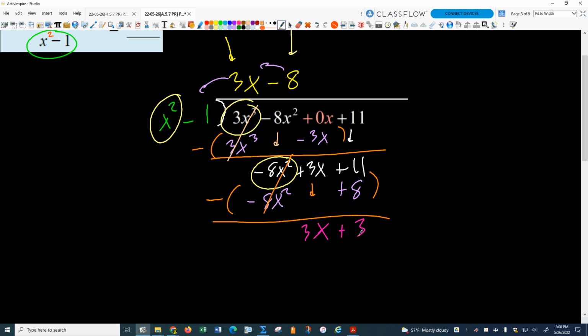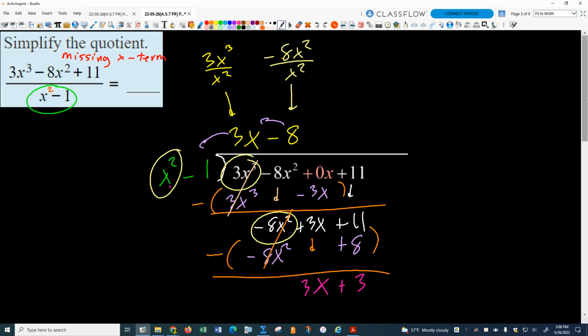Doesn't make any sense, does it? Right? As soon as the power after subtracting is less than the degree of the denominator, I know I'm done. It wouldn't make any sense if I tried to continue this process up here. If I took 3x divided by x squared, right? That doesn't make any sense. Okay, I can't, x squared won't divide into x.